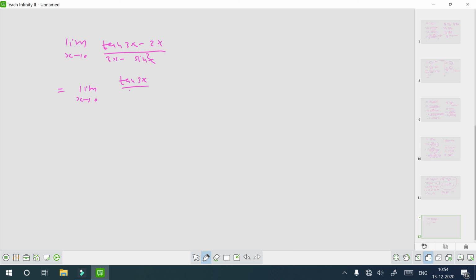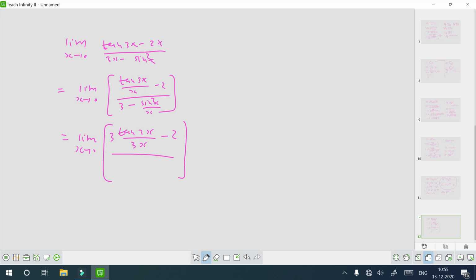Tan 3x over x minus 2, in the denominator quantity 3 minus sin square x over x. How to arrange? Limit x tends to 0, tan 3x over 3x into 3 minus 2, into denominator quantity 3 minus sin x over x into sin x.